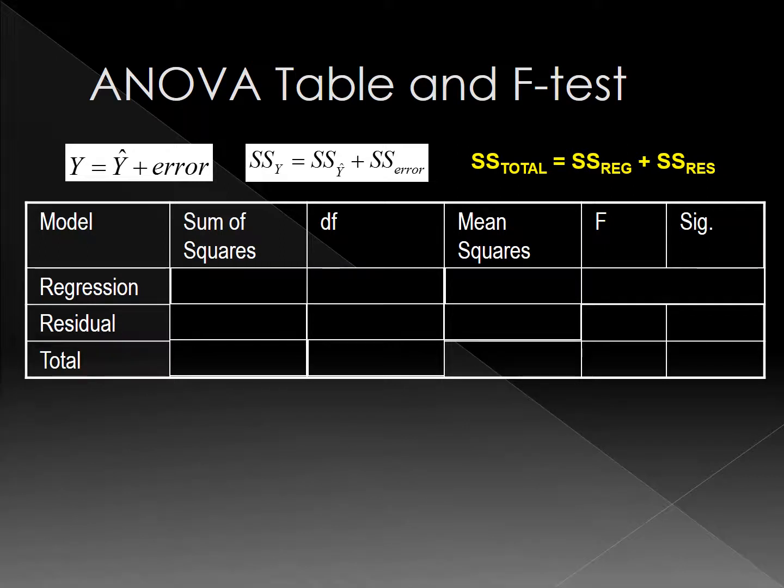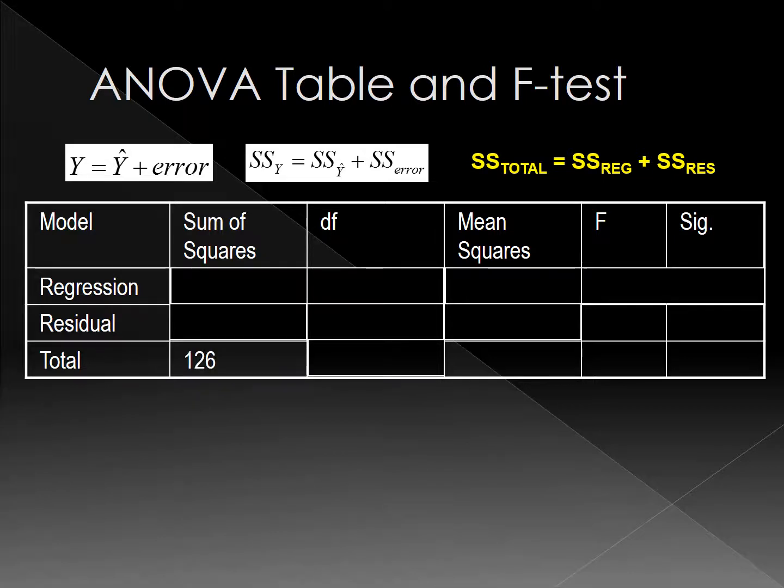In other words, SS total, the sum of squares in the true y's, equals SS regression plus SS residual. So for this table, the left column presents regression, residual, and total. Then in the second column, we plug in all the sums of squares.